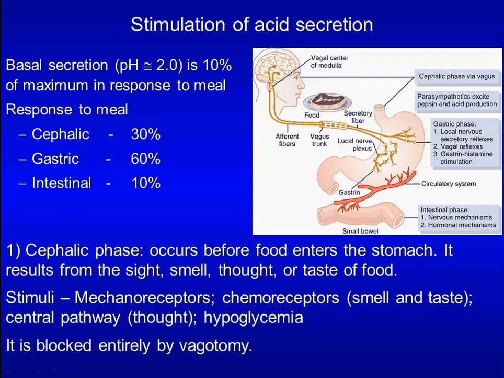Stimuli are transmitted through mechanoreceptors, chemoreceptors, and central pathways, through the cerebral cortex and appetite centers of the amygdala and hypothalamus. It is blocked entirely by vagotomy.